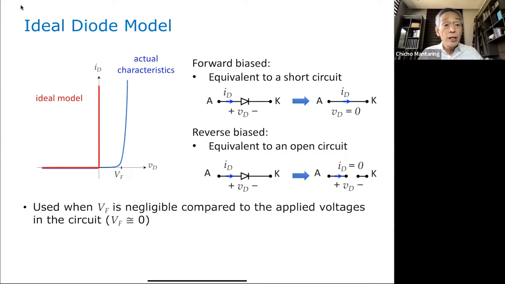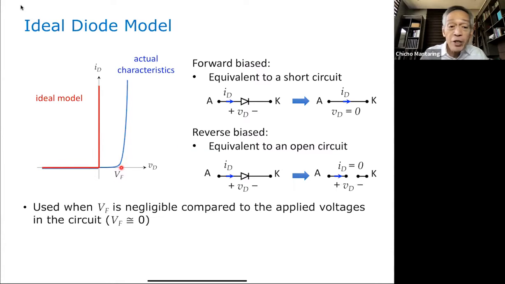Now, when do we use the ideal model? We use the ideal model when V sub F is negligible compared to the applied voltages in the circuit. For example, we're using the diode in circuits where the voltages are in the range of, let's say, 220 volts.